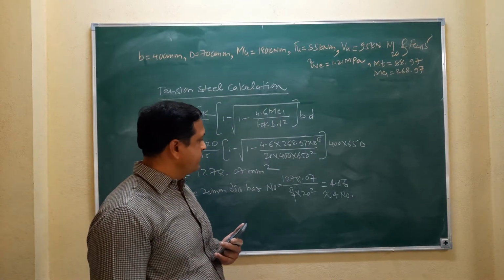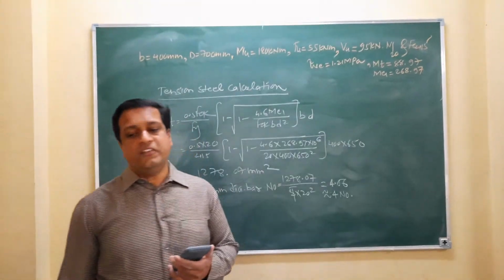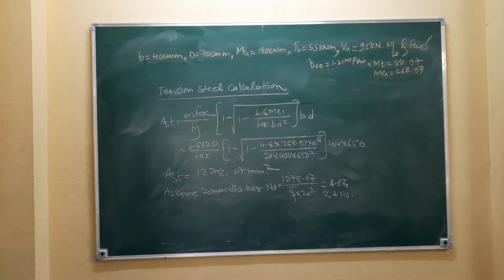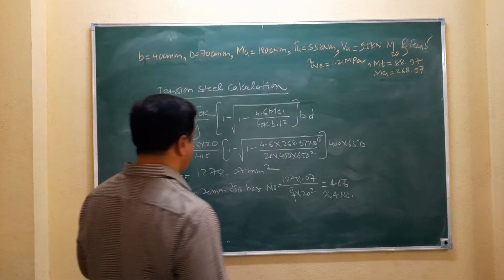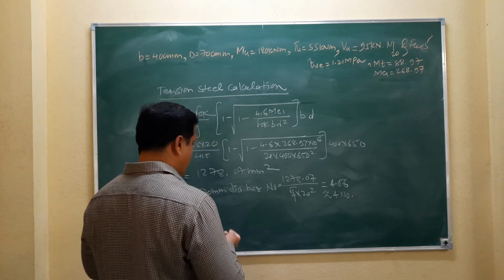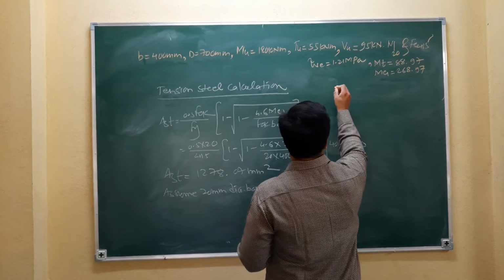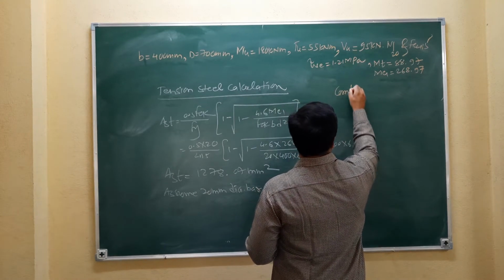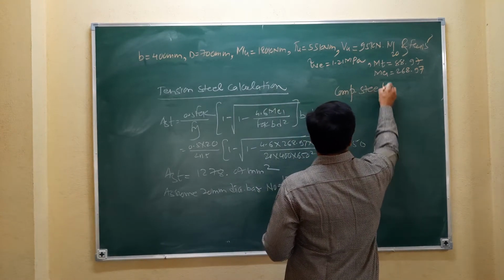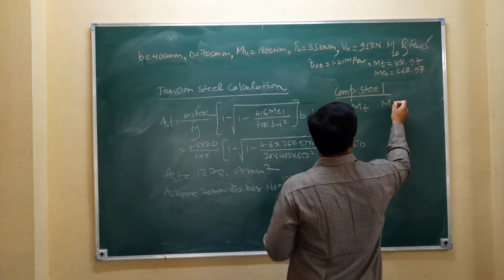Now what? You have to design the compression steel. When the numerical value of Mt exceeds the numerical value of Mu, then compression steel is needed.